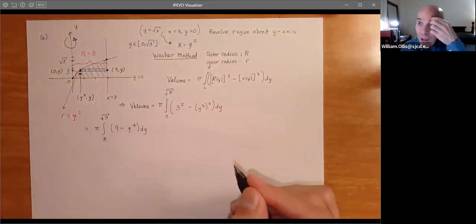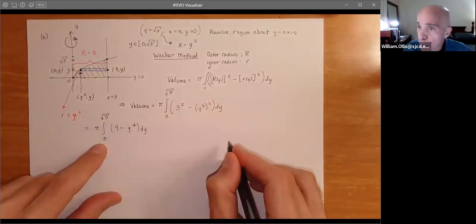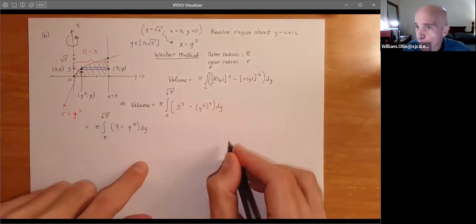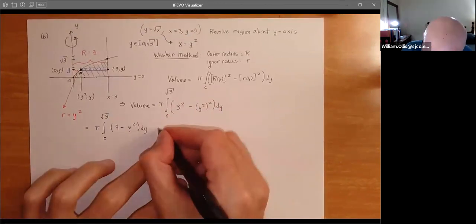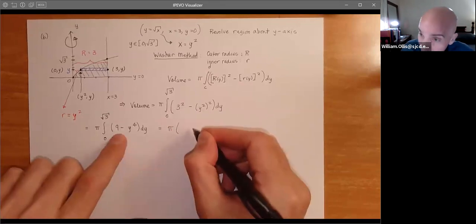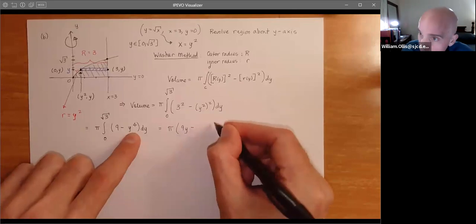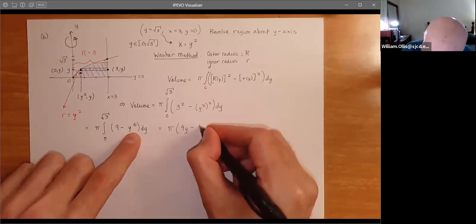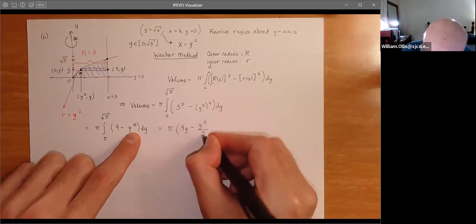And what you'll find in a lot of these examples, if the lower limit is 0, that will usually simplify greatly the arithmetic that you have to do. So now we get pi. Again, 9 becomes 9y. And then add 1 again, divide by the new power. We get y to the 5th over 5.